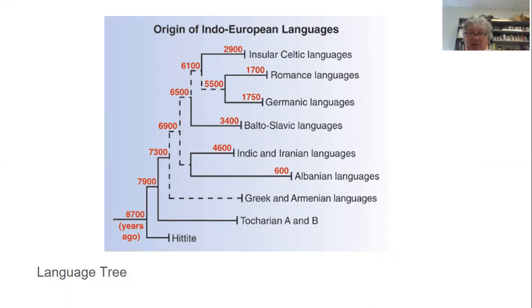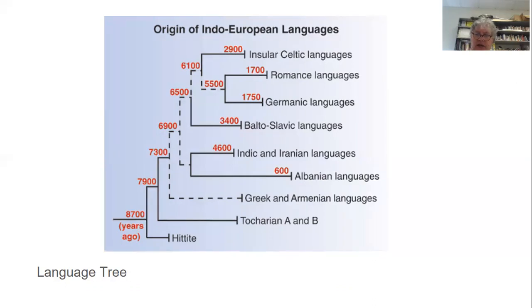These are all languages that came from Latin. And there's Germanic languages like English, Dutch, German, Swedish. And so we can try and do the same thing with languages as we did with the tree of life.